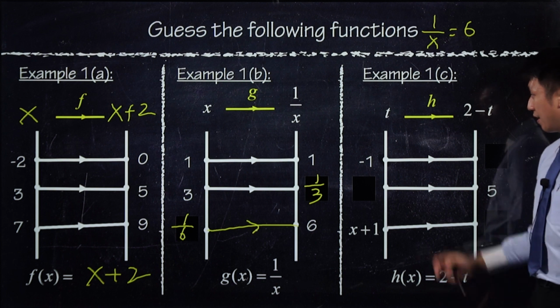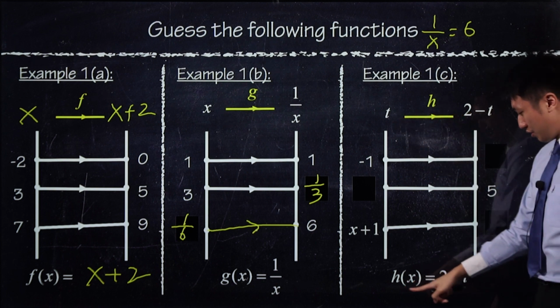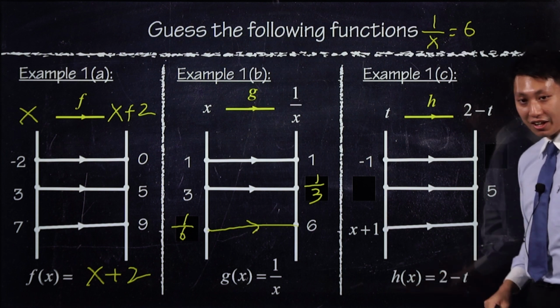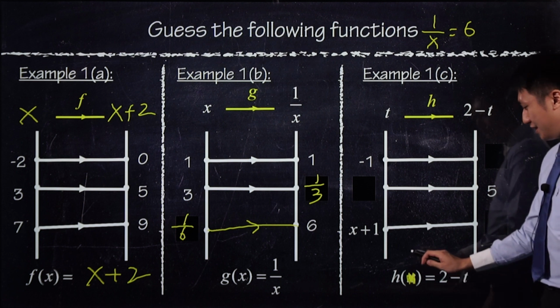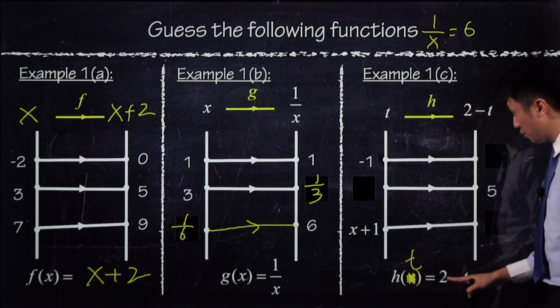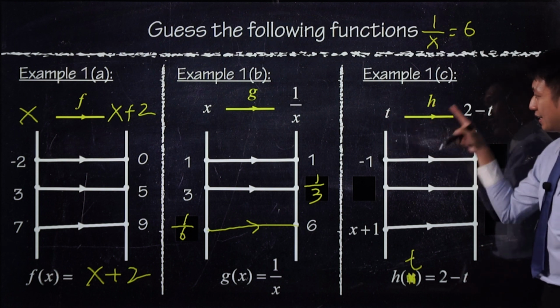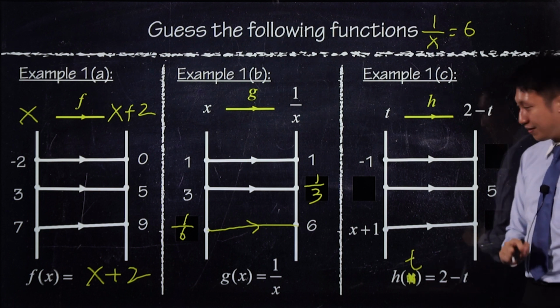Okay, no problem. Next one, t maps to 2 minus t. So you should be telling me x or not? Not x. Wrong. Okay, testing you. This is t, not x. So this is h(t) equals 2 minus t. Right.